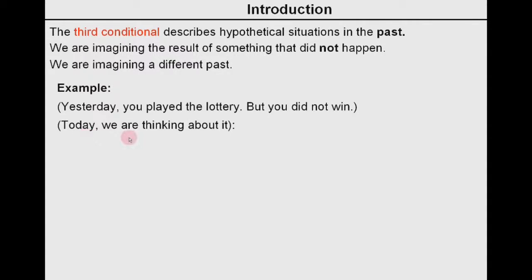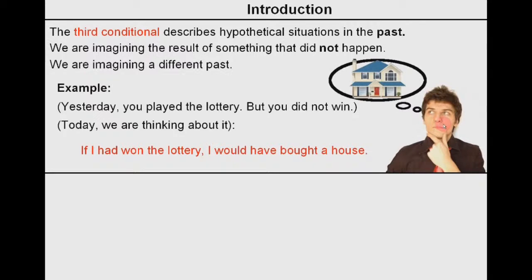And today we are thinking about the situation. So this is the context, and here is the example of the third conditional. If I had won the lottery, I would have bought a house. So this is the third conditional.